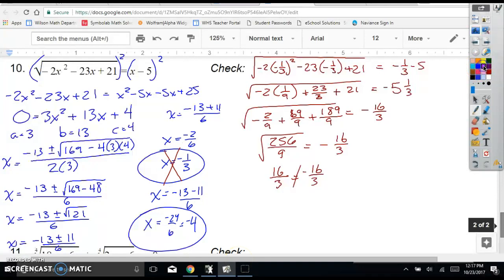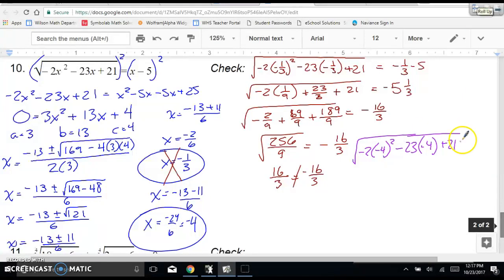Now the next one's not going to be nearly as difficult. So I have negative 2 times negative 4 squared minus 23 times negative 4 plus 21. And then I'm going to have equals negative 4 minus 5, which is negative 9. So I'm already finished over here. That's easy. On the left side, this is 16 times negative 2, negative 32.